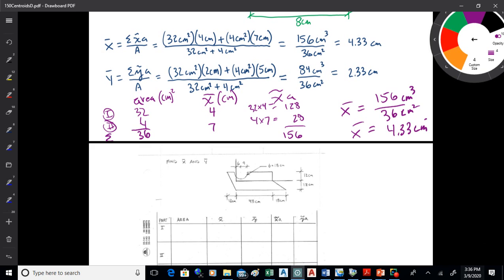All right, which leads us into the next one, which is a bit more complicated.